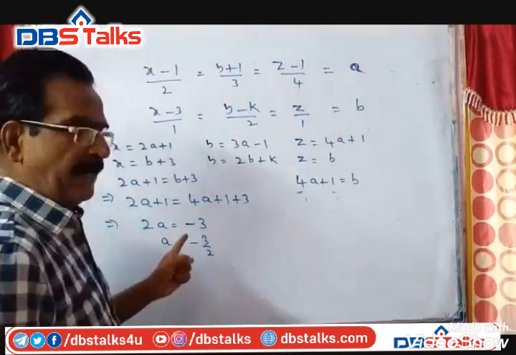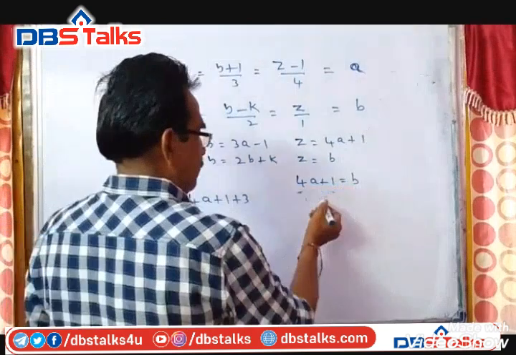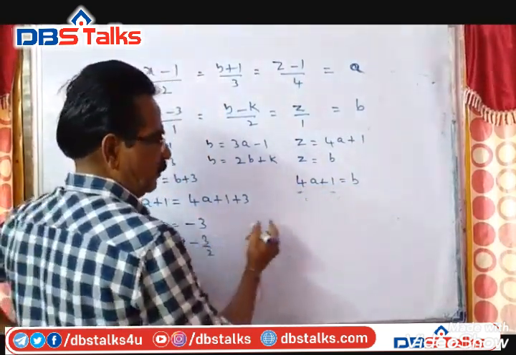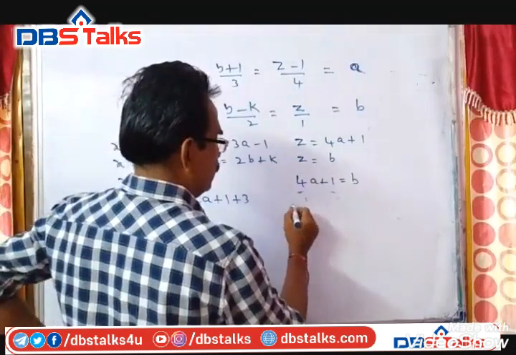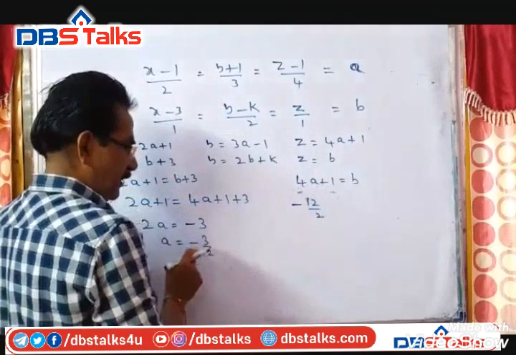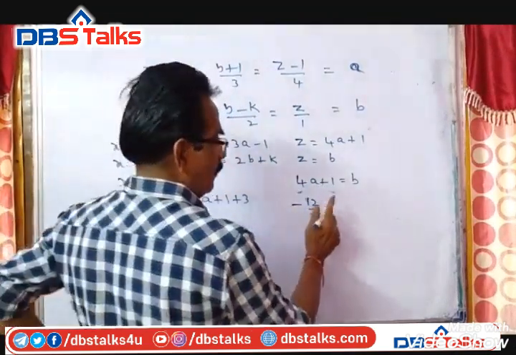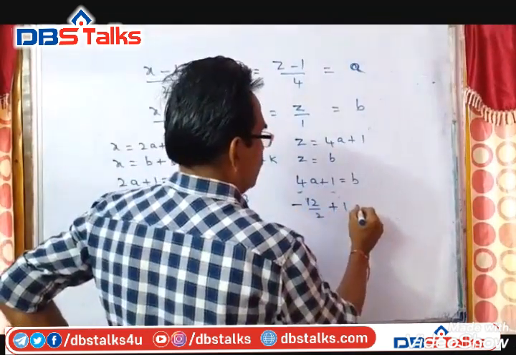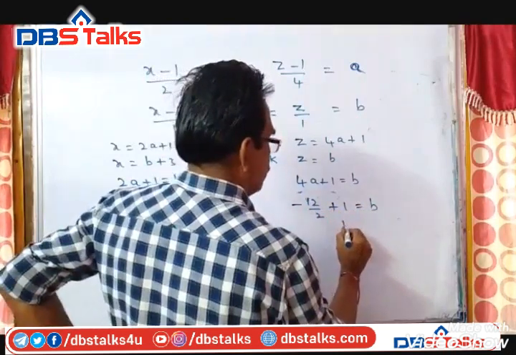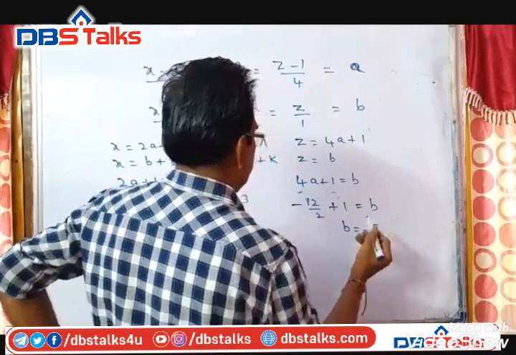Let us find b. B is equal to 4a plus 1, 4 into minus 3 by 2, minus 12 by 2 plus 1 is equal to b. Minus 6 plus 1, minus 5. B is equal to minus 5.